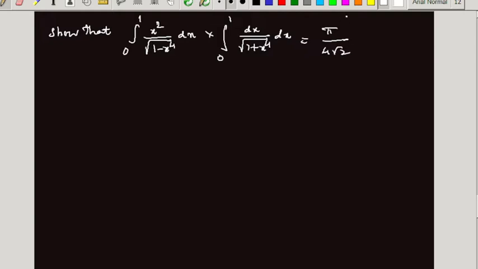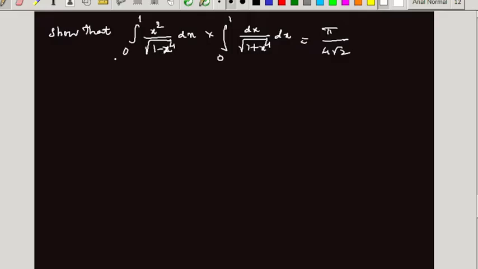So here we have the denominator 1 divided by square root of 1 minus x power 4, and here 1 plus x power 4 is there. This one we must write as 1 minus sine square.